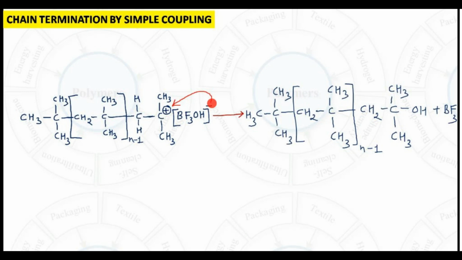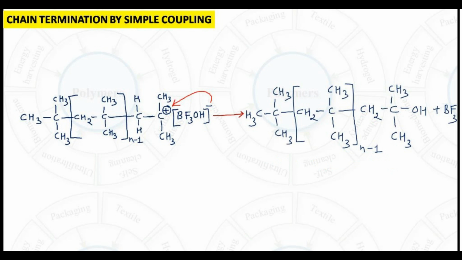This negative part will join to this carbon atom, which is positively charged, and you will have this C-OH. So BF3 will be removed from here, and again we have ways to neutralize this OH as well, and you will get the polymer. So this is the cationic mechanism.